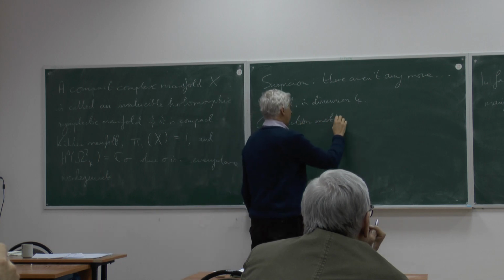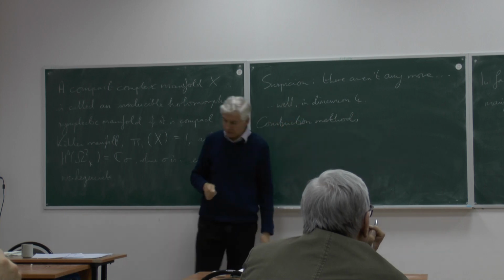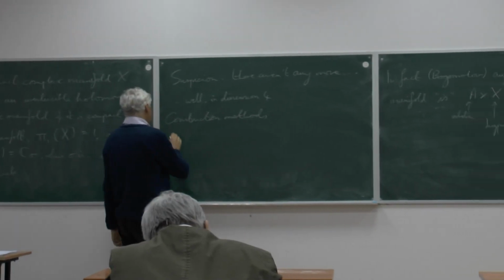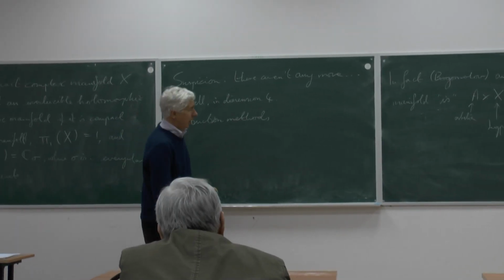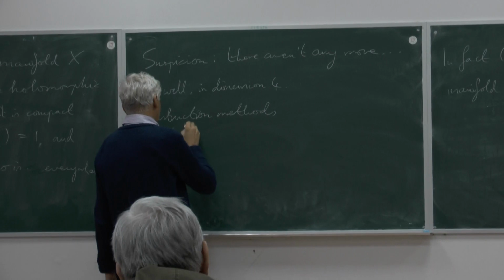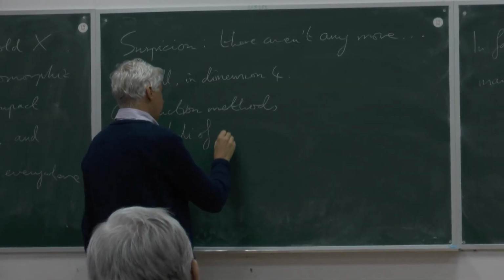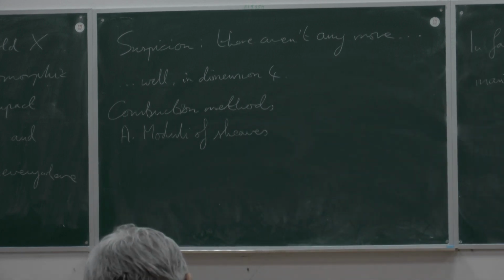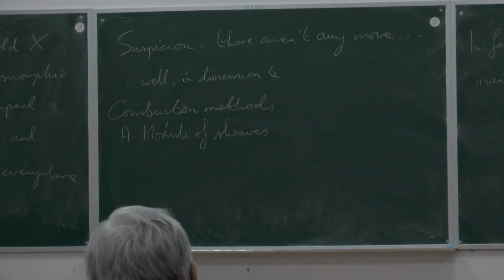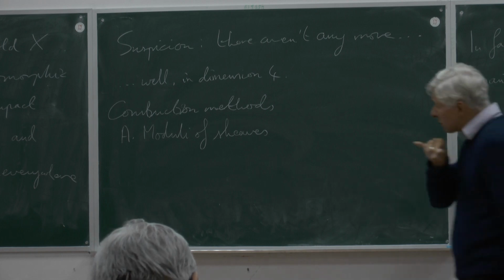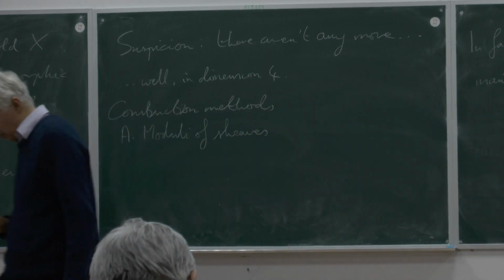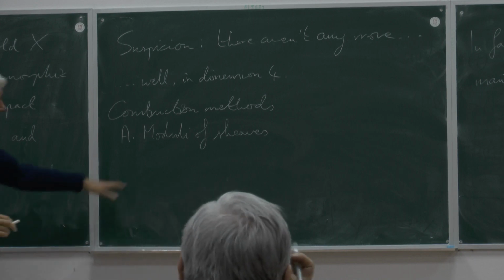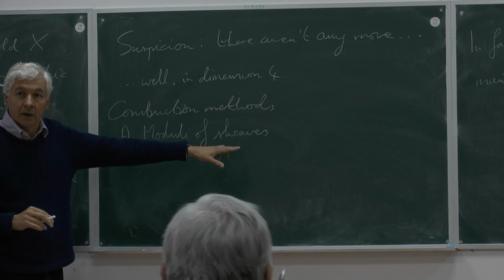So what methods do we know of constructing Hyperkahler manifolds? Well, I can think of three. So one of them is moduli of sheaves, which is the way that I've described these here. We pretty much know that, at least as things stand, that's pretty much exhausted.